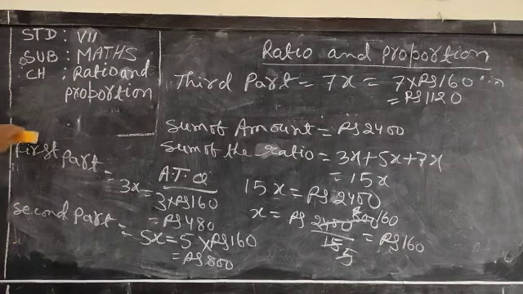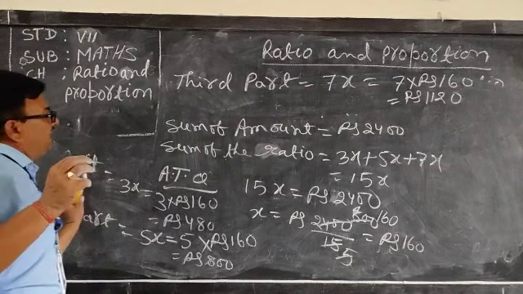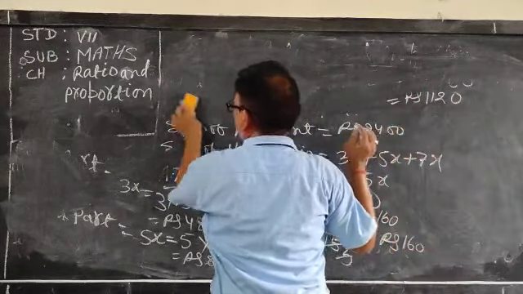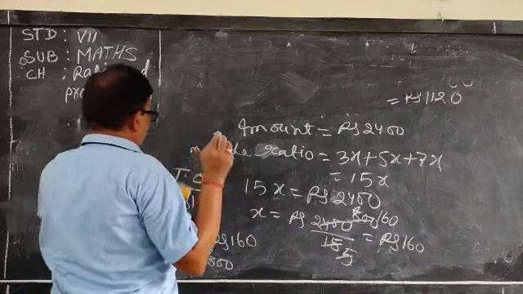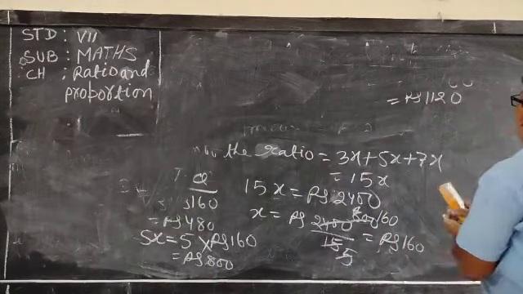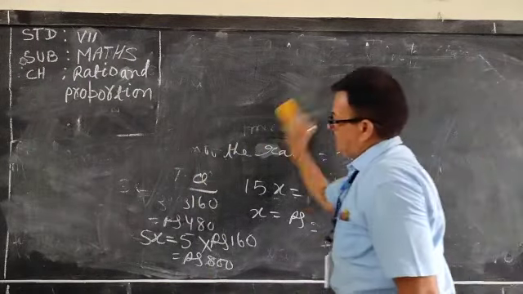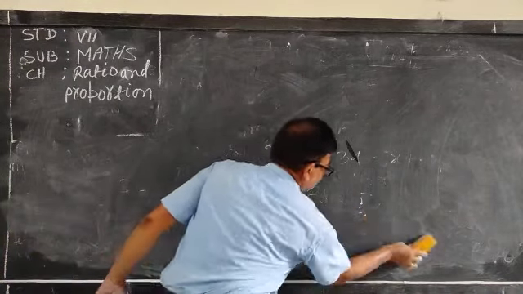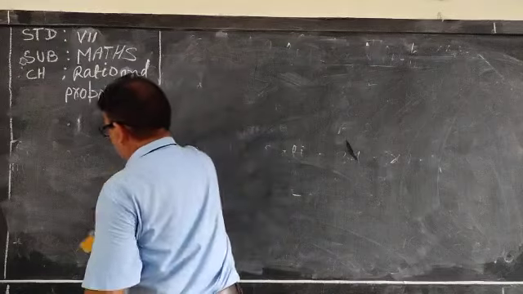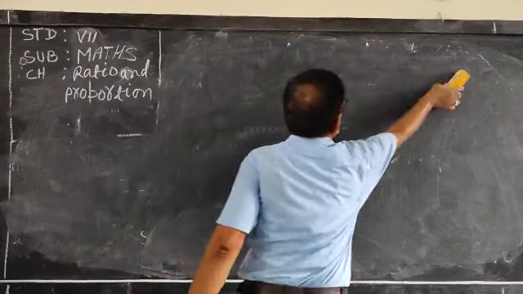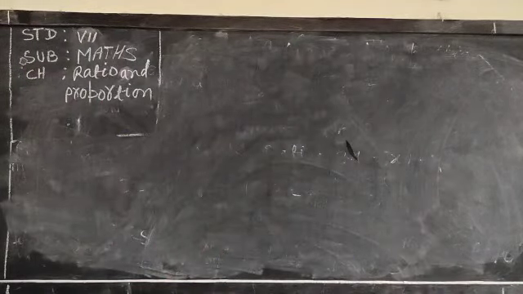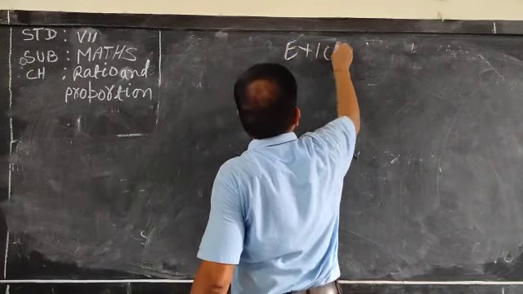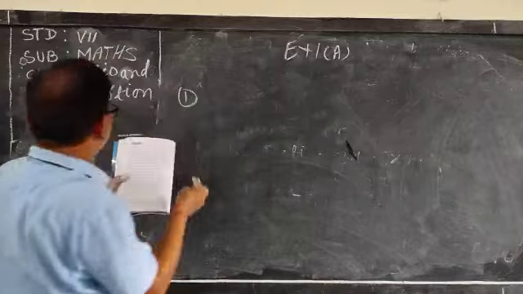Understood now? Now I am coming to Exercise 1. Same ratio and proportion. You have to see the portion first. Exercise 1A.